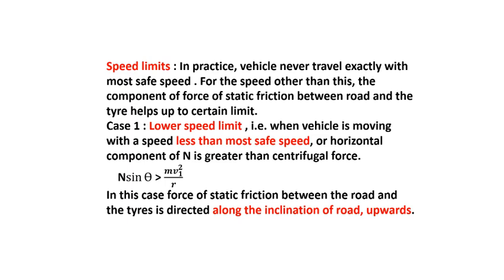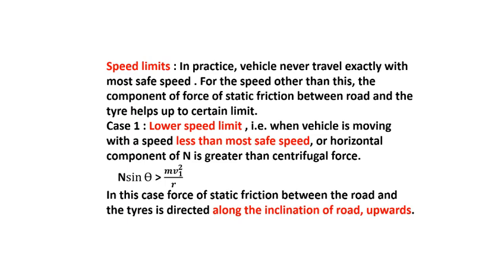Now since we are talking about speed limits, case 1, lower speed limit, that is when the vehicle is moving with a speed less than the most safe speed. So in this case, the horizontal component of n, that is n sin theta, is greater than the centrifugal force.